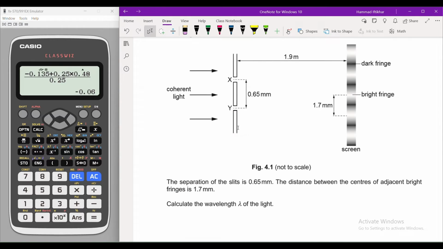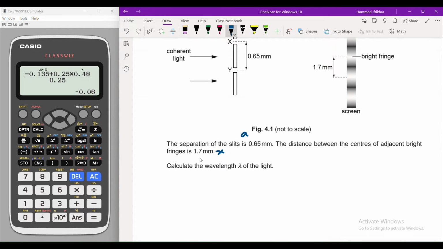The separation of the slits is 0.65 millimeters, so this is our A. The distance between the centers of the adjacent bright fringes is 1.7 millimeters, so this is our X. Calculate the wavelength lambda of the light.